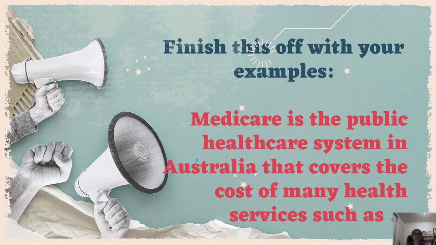Specifically it covers free public hospital visits and stays, and it also covers bulk billing from GPs. They can also cover optometrists as well. So you kind of want to have examples up your sleeves here, really important.